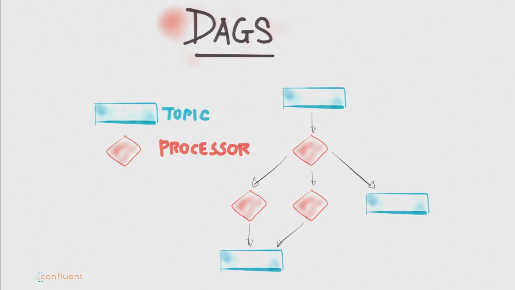There are a couple of reasons why these processor DAGs might span multiple processes. One could be just that you want to scale out processing, and sometimes it makes sense to actually implement different programs for different pieces of your pipeline, just to keep things simple and decoupled.